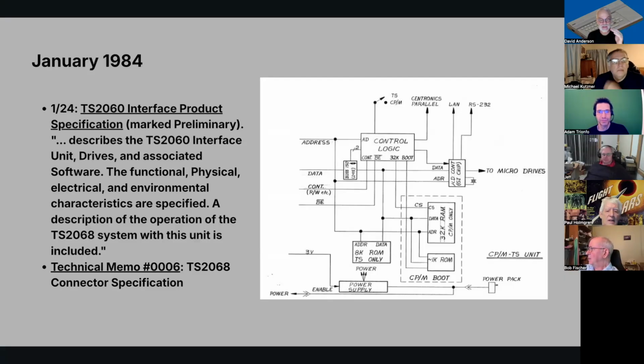And again, still charging forward on working on these various expansions for the 2068.